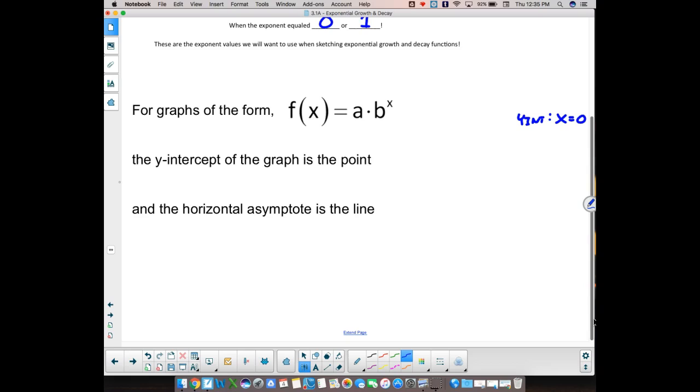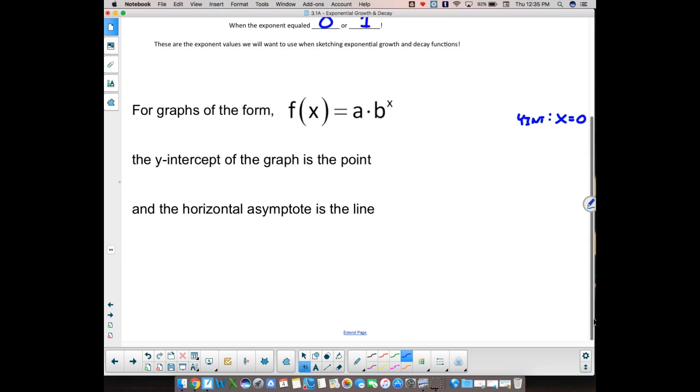I'd have to find f of 0. Well, b to the 0 power is what? 1. Anything to the 0 power is 1. Times a. 1 times a. A, right? Okay?